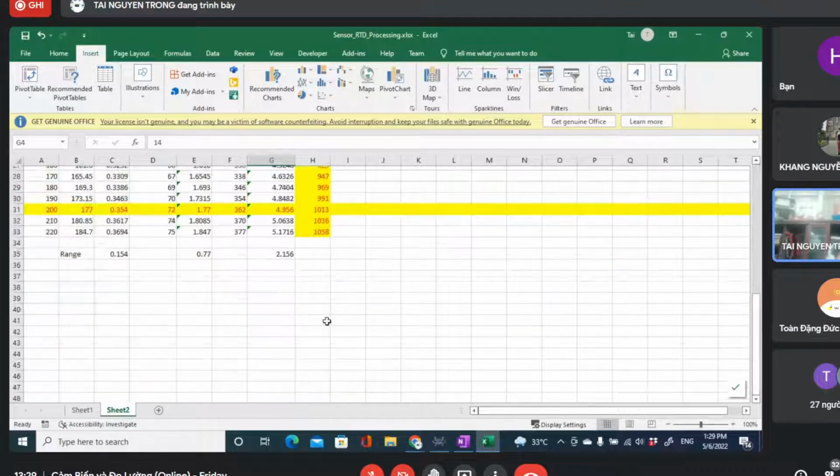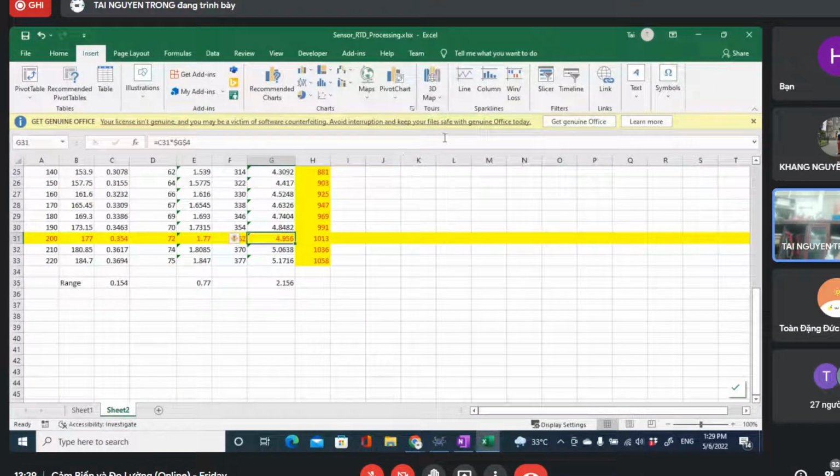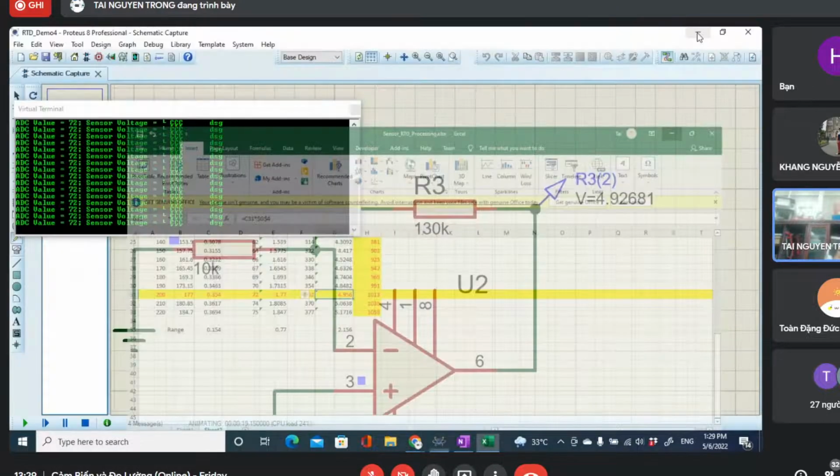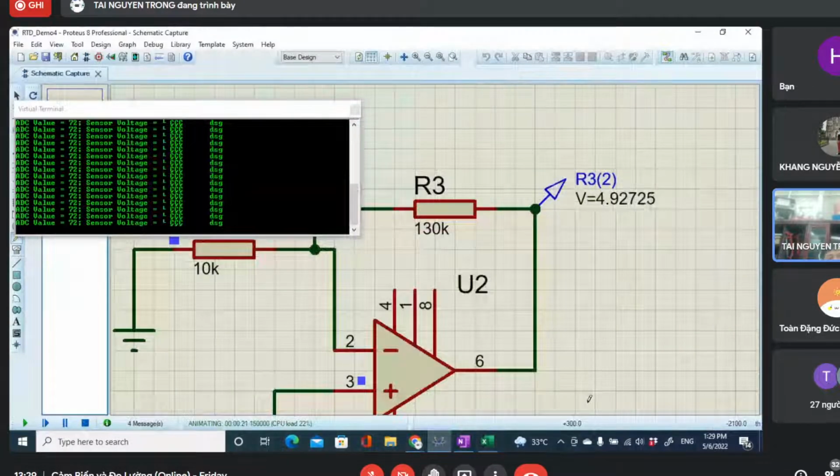Its voltage is nearly 4.9. That is the value of voltage that we need to test.